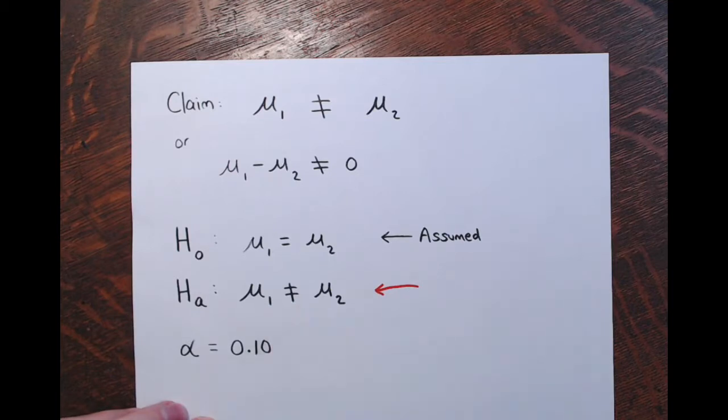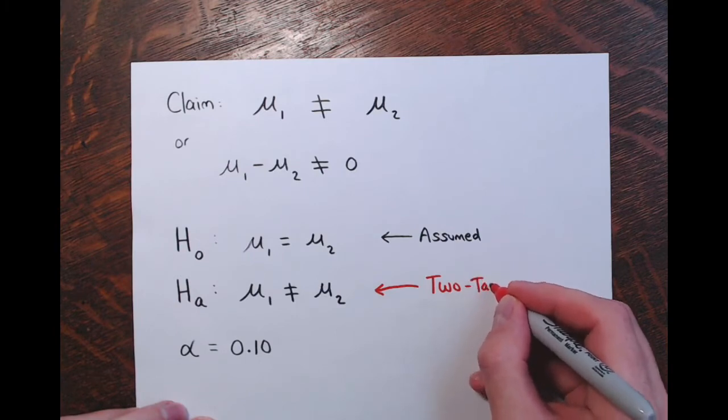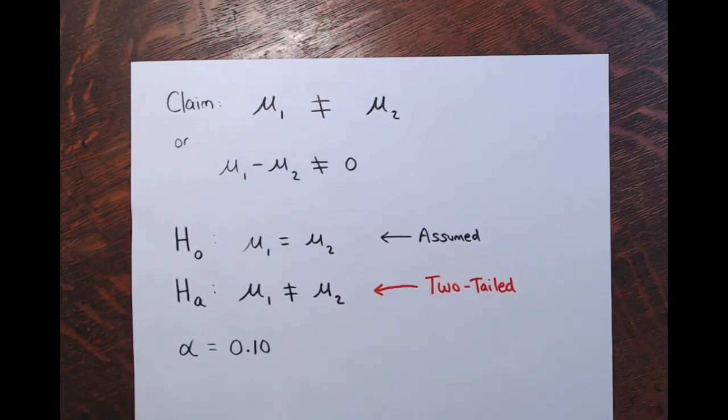When it is not equal, remember this is a two-tailed test. So, being that this is the critical value approach, we're going to be finding two critical values, one positive, one negative, such that the area to the right of the positive one and the area to the left of the negative one add up to 10%, so they'd be 5% each, but we'll get to that in a minute.